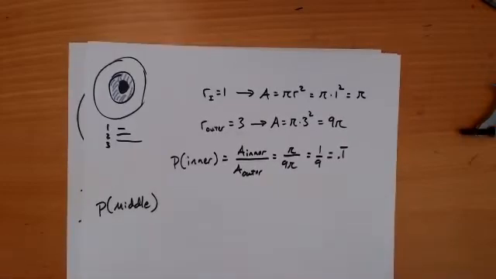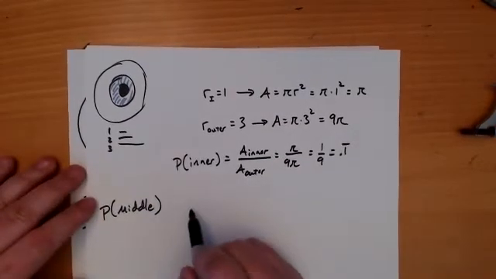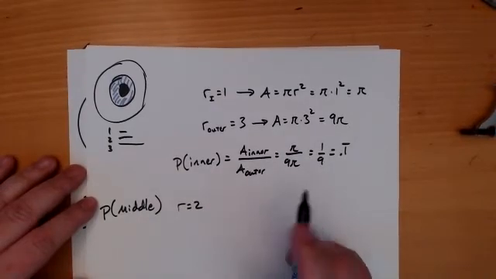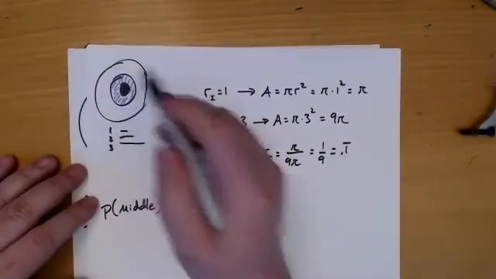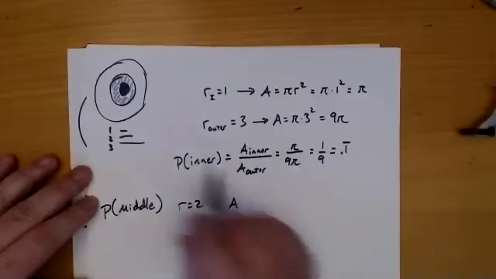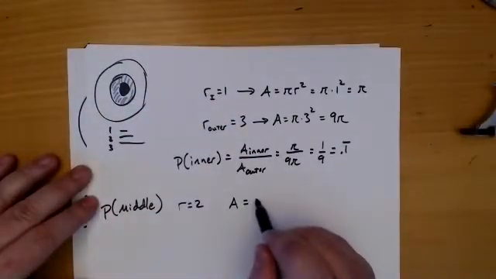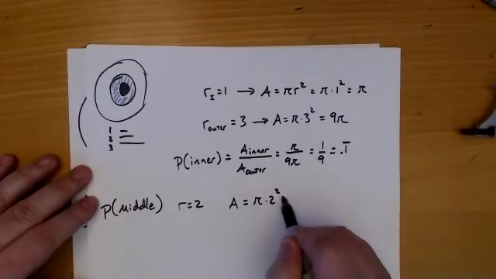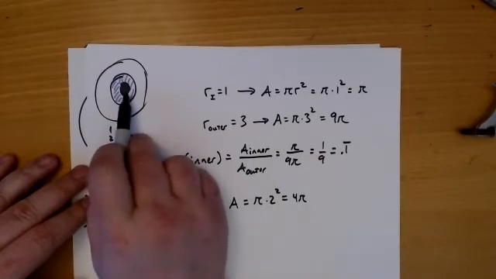Okay, most people are either getting it or they're making the same mistake that everybody else who messed it up is. The radius is 2, but I only want the purple region. I don't want the purple and the black. So the area of that outer ring is pi times 2 squared, or 4 pi, but I have to take away the inner region because that's a different area altogether.